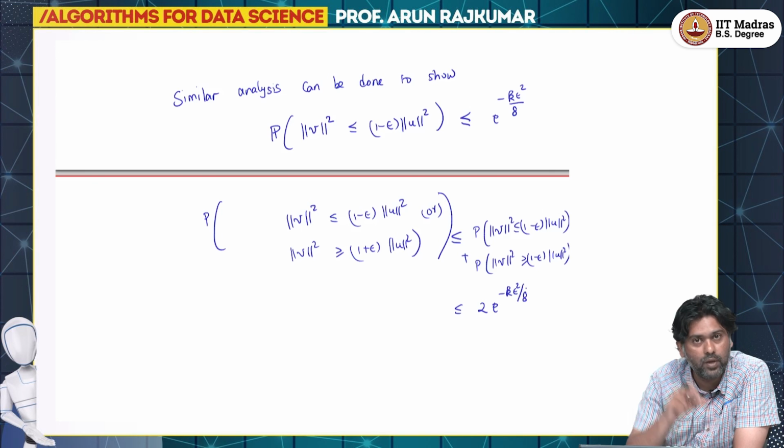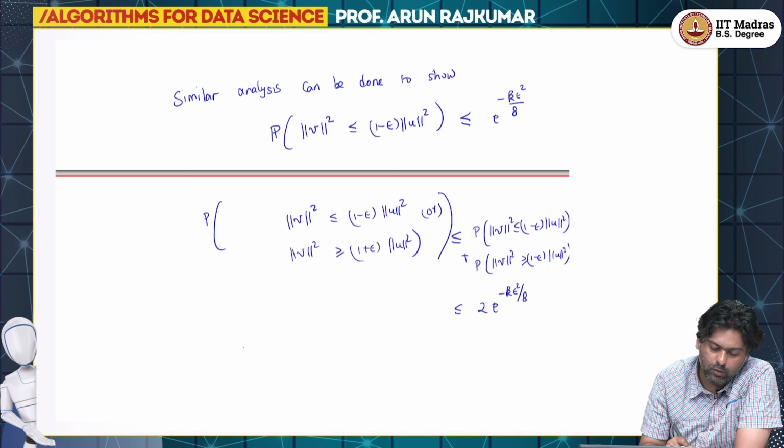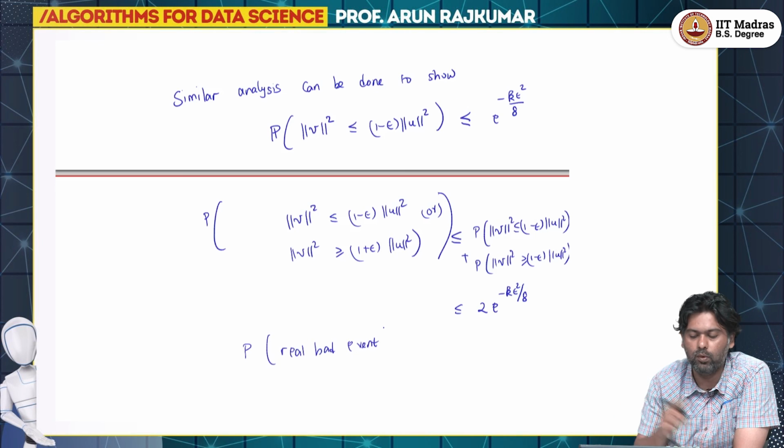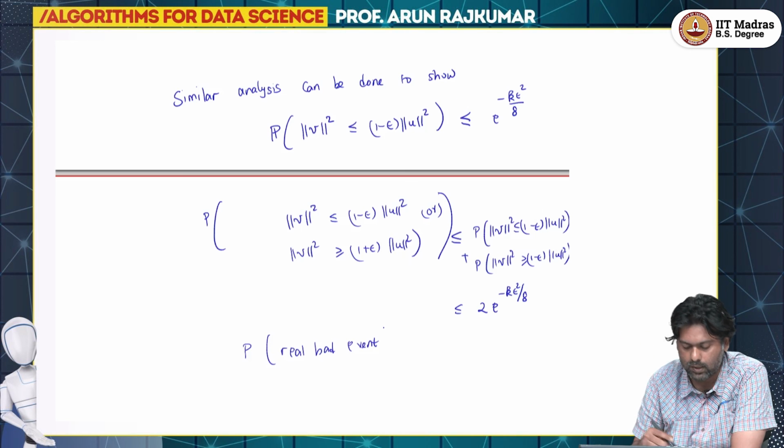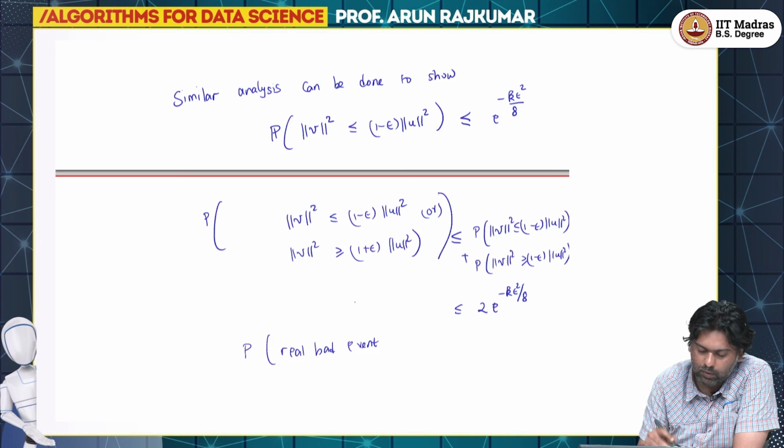Now, this is for a fixed vector. Again we can ask if this has to happen for all n squared pairs of vectors. So, the probability of the real bad event, maybe I should call it the real bad event, because this is in fact what the lemma is saying, where the length is not preserved on both sides for some of the n squared pairs is at most 2 n squared e to the minus k epsilon squared by 8.